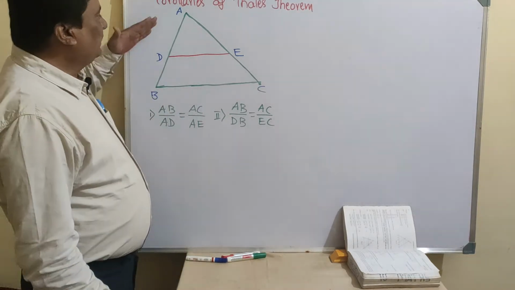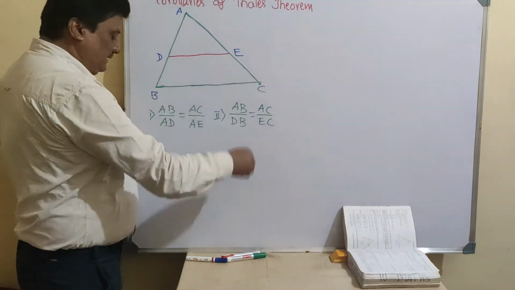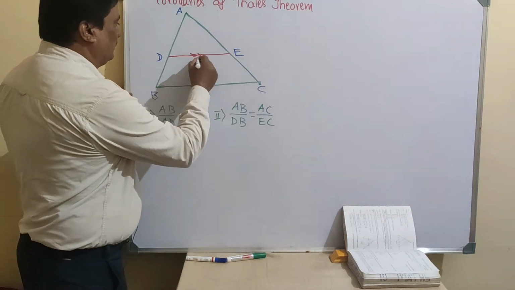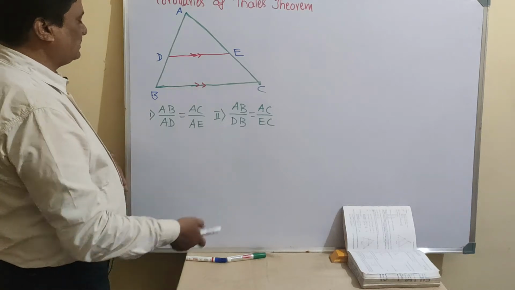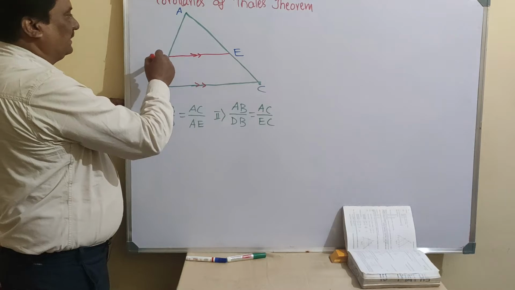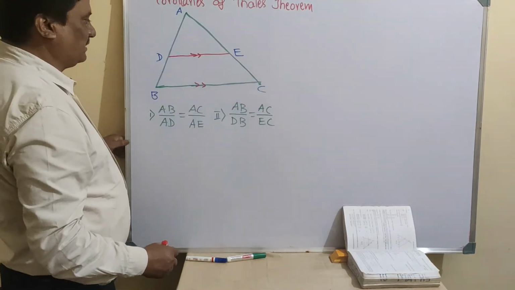Here in the figure, in triangle ABC, DE is parallel to BC. The corollaries are: AB by AD is equal to AC by AE. That is the first corollary.